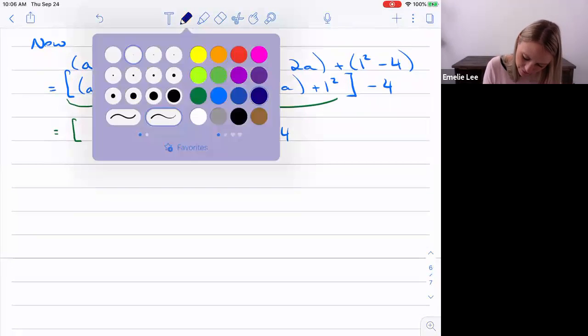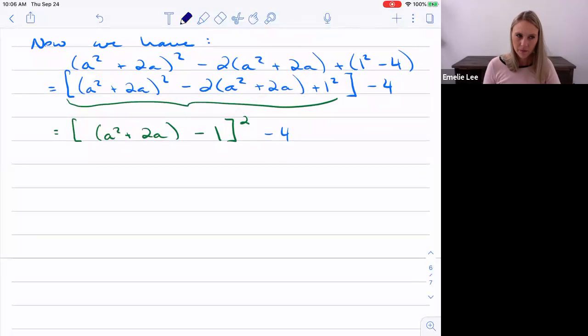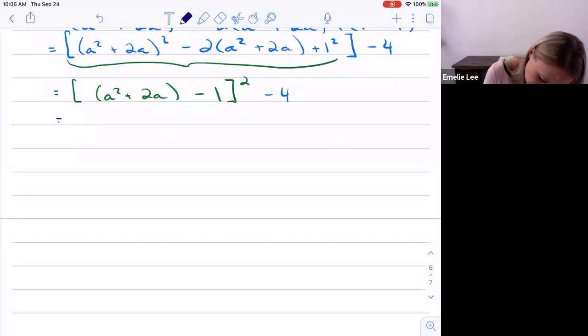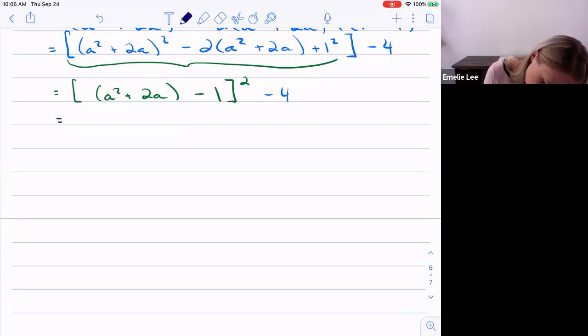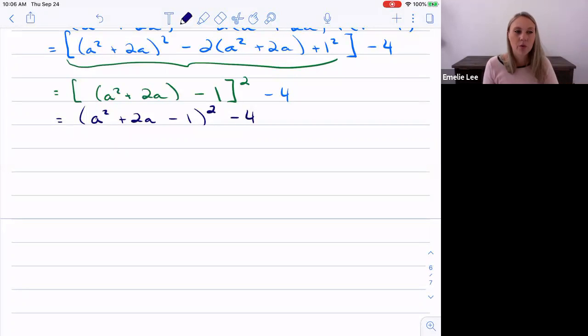There's nothing really I can do here, I've still got the square on the outside. I can get rid of these brackets: a squared plus 2a minus 1, all squared, but remembering that we've got this minus 4 on the outside. So this becomes a squared plus 2a minus 1 squared minus 4.